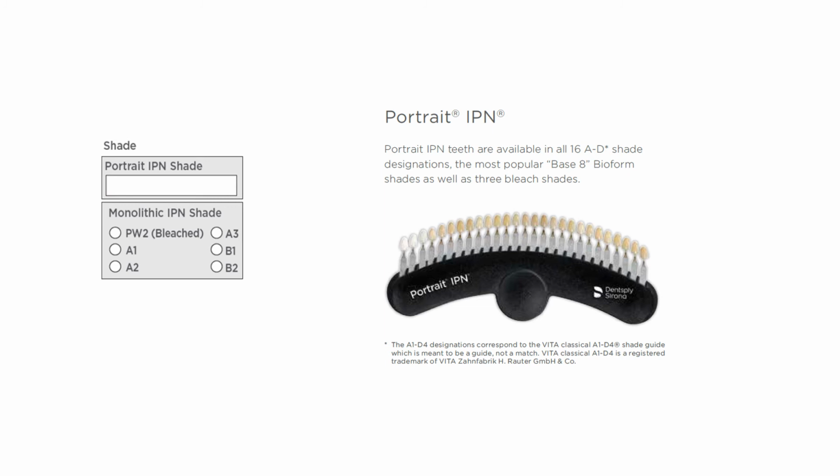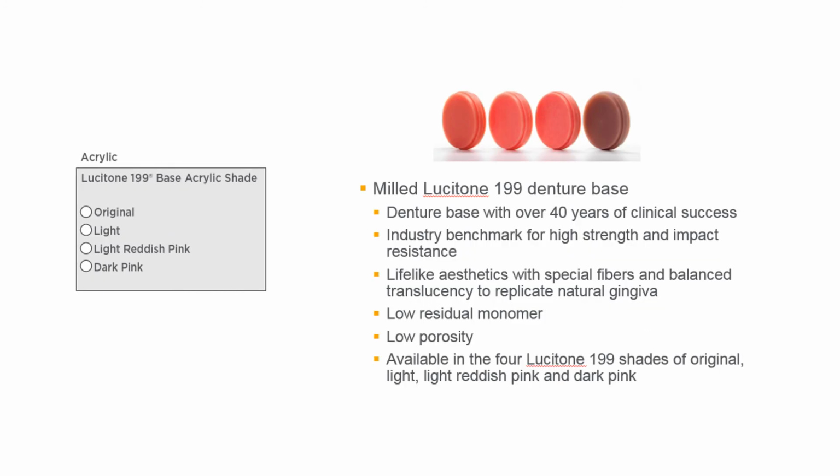Please remember that the monolithic is only available after your trial has ended. Select the acrylic shade. Dentsply Sirona digital dentures are offered in the following shades: original, light, light reddish pink, and dark pink.